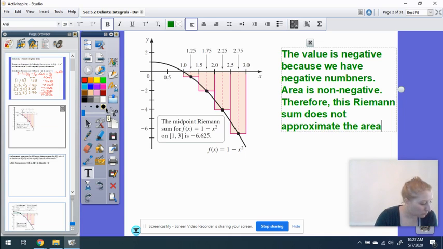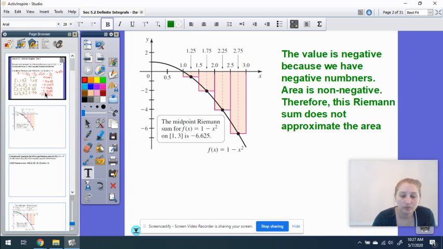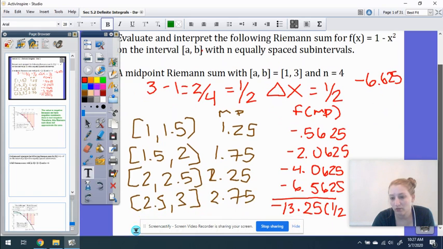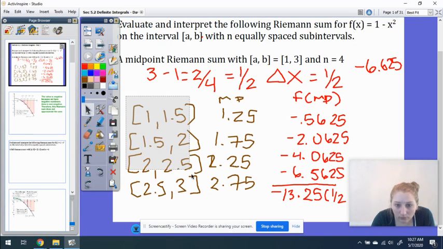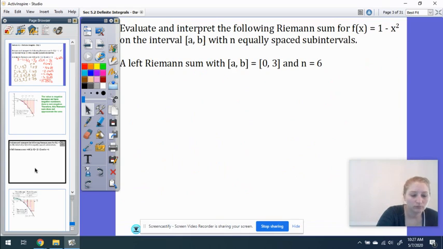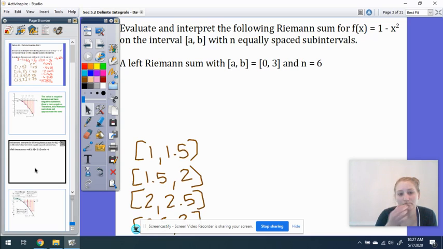Okay, so we're going to do the same problem, and now we're going to use the left endpoints. I'm going to see if I can just copy and paste this to the next slide. Did it work?